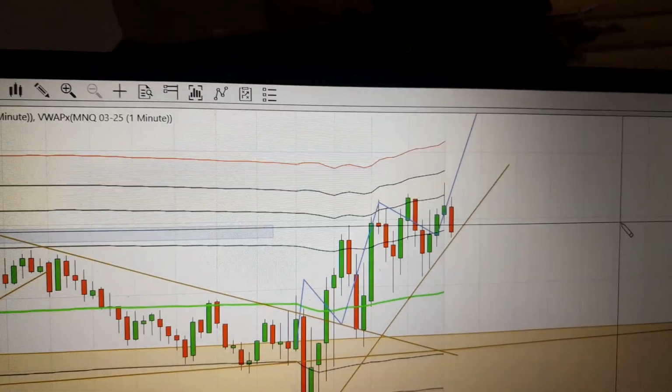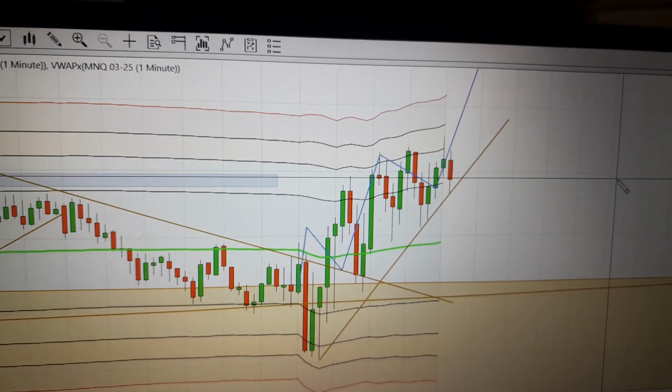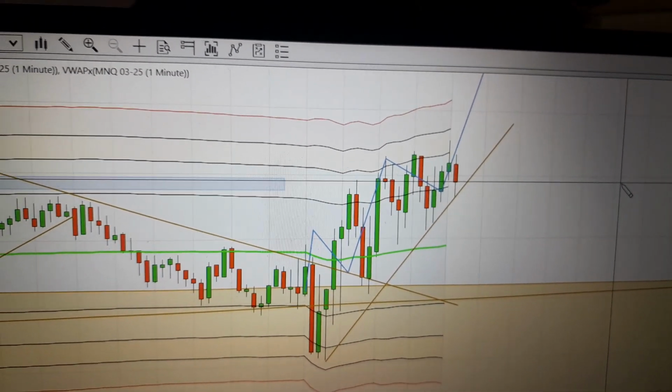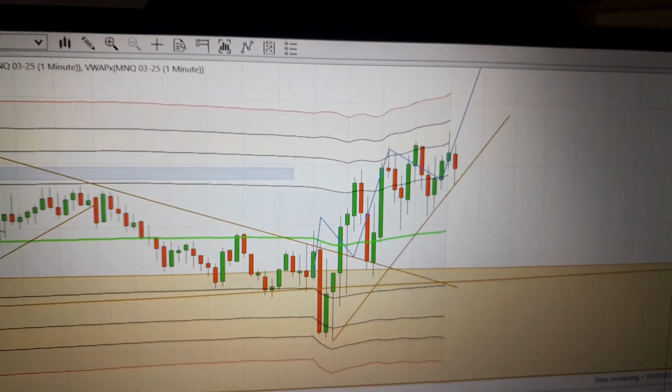So this is how that looks. This trend line that I was talking to you guys about. Hopefully it wants to break it. We got 3 seconds for closure.